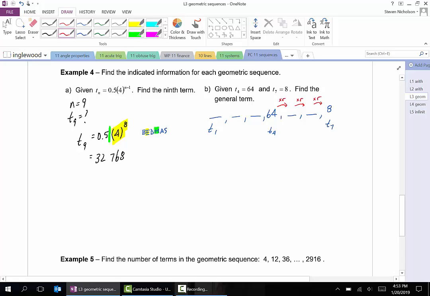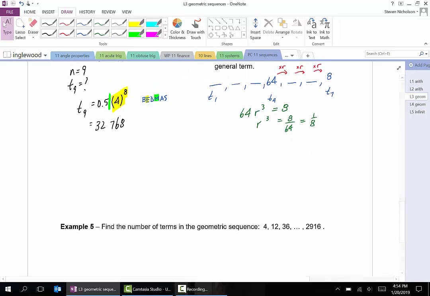and 8 is going to be finished. So in this part of the sequence, 64 is the start, and 8 is the finish. So what we could have is, if I start at 64 and I multiply by r times r times r, which is r cubed, whatever it is, we don't know what it is, the answer will be 8. So here's a nice little equation. And in order to do this equation, we divide both sides by 64, and we get 1 over 8.